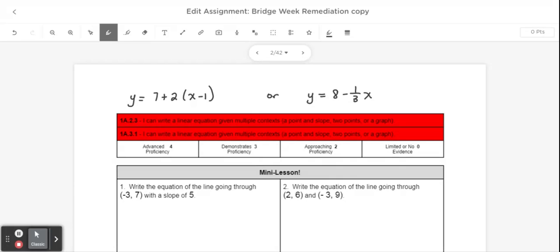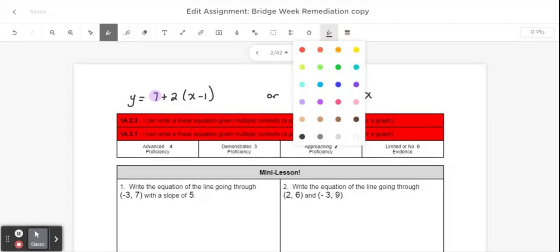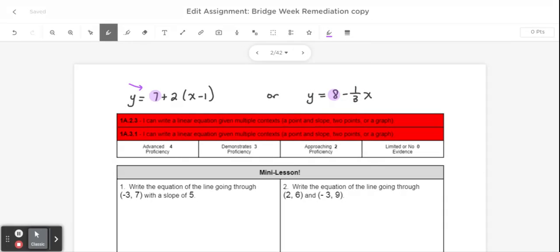Now, in this equation, it's important to know what each of these numbers represents, so where those numbers come from. So in these equations, the first number is always your starting y value. So this 7 would be the starting y value.